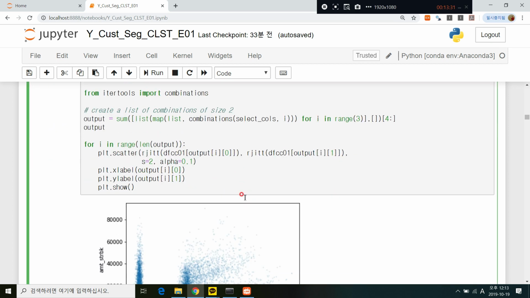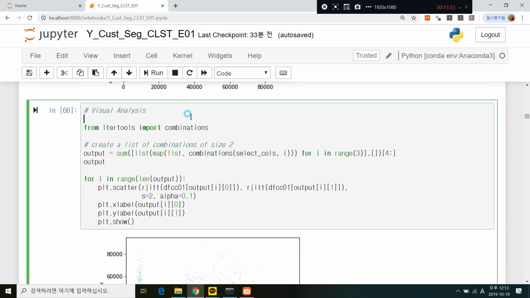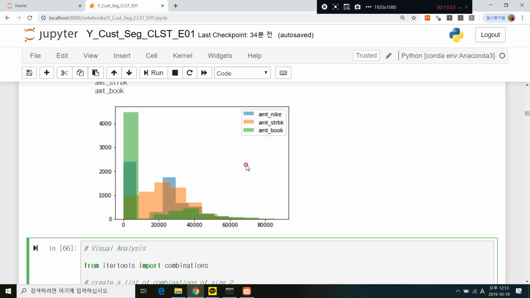The next step is visual analysis. To understand the one-on-one cross patterns, we draw a series of scatter plots here. We use combinations because we have 3 different features that are categories.